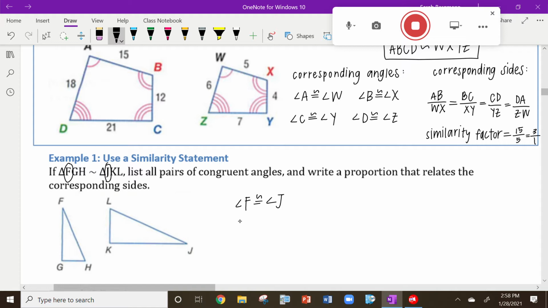So angle F corresponds to angle J. That means that they are congruent. Similarly, angle G and K correspond, so they are congruent. And also angle H and L correspond, so they have to be congruent too. You can list that on your polygons as well.